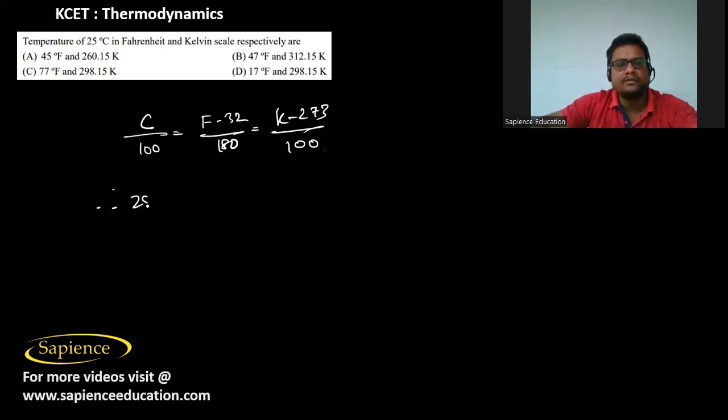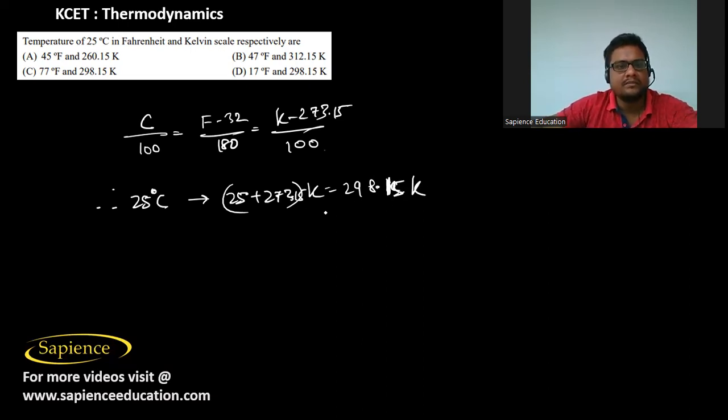So 25 degrees Celsius in the Kelvin scale will be 25 plus 273 Kelvin, that is 298 Kelvin. I can use 273.15, so if I add, it is 298.15 Kelvin.